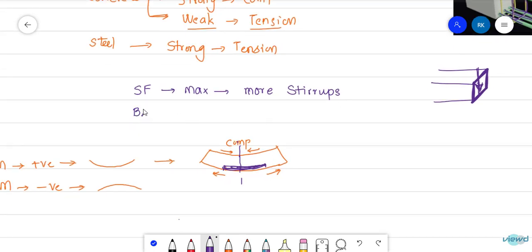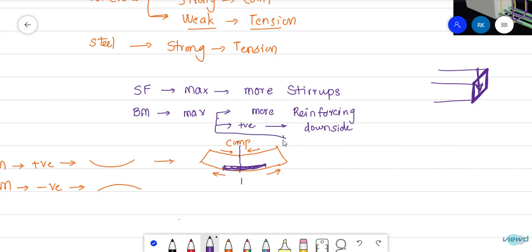When bending moment is maximum, more reinforcing is to be done. If the maximum bending moment is positive, then reinforcing should be done downside.